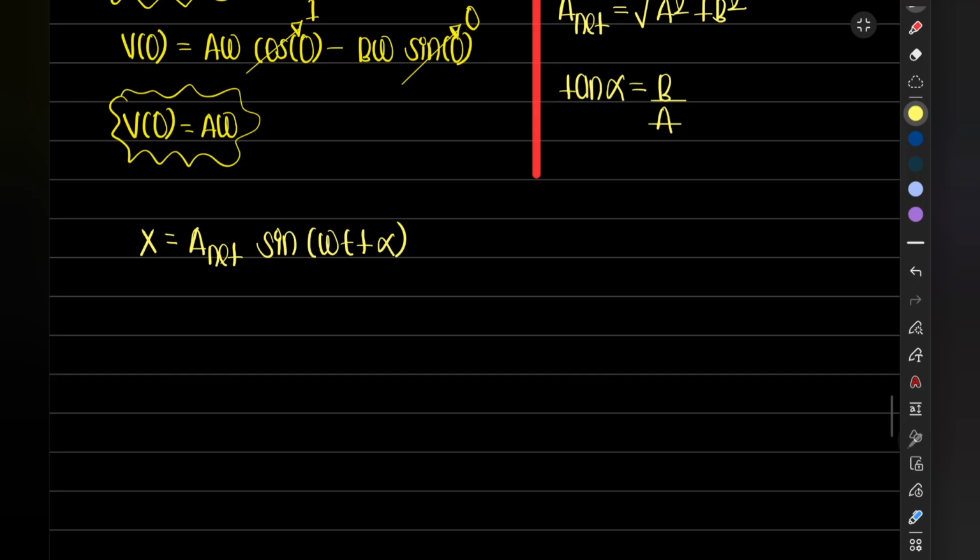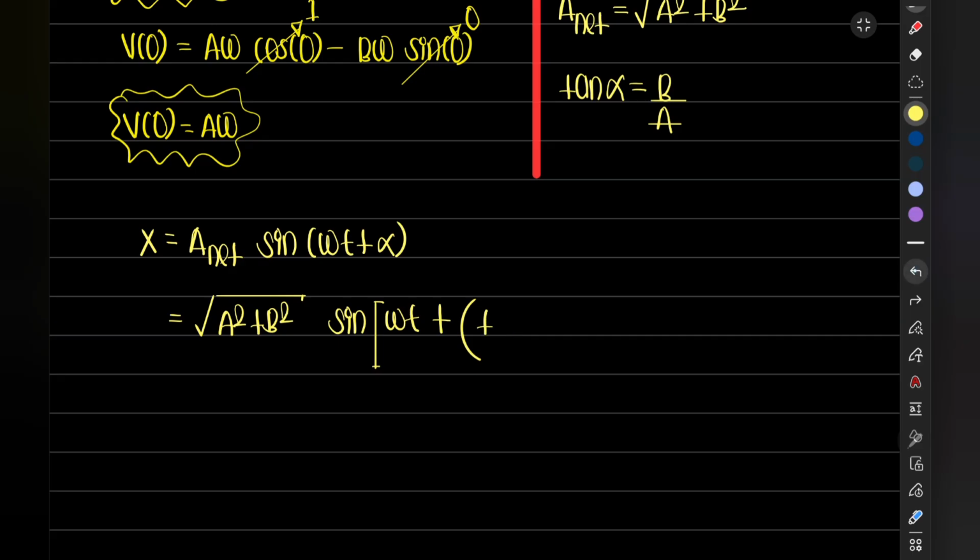The value of a net we got is the square root of a square plus b square, sine omega t as it is, and alpha is tan inverse b by a.